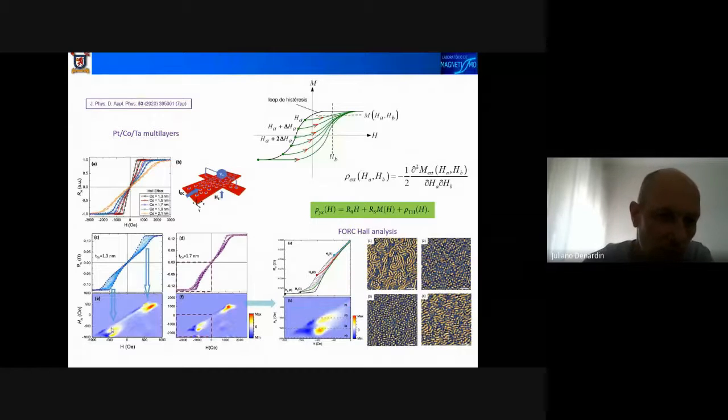And what we did, we mapped these reversal fields for two samples, 1.3 and 1.7, and on the sample with a cobalt thickness 1.7, we mapped different reversal fields inside only one branch of these reversal fields.